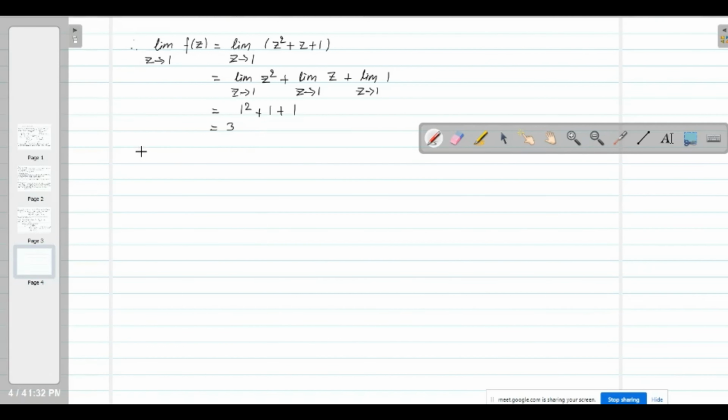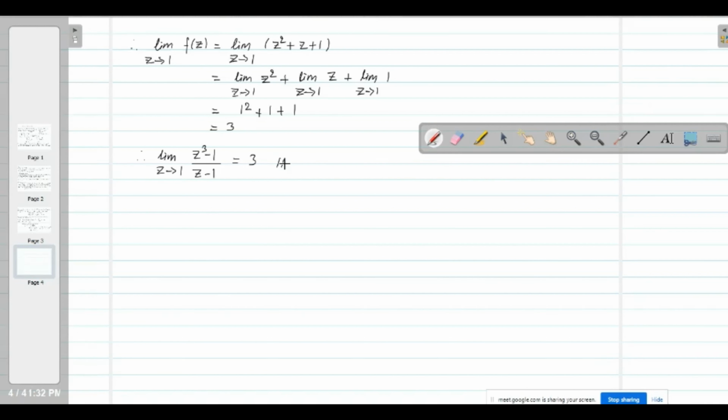This gives 3 as the limit of the given function. Therefore the limit as z tends to 1 of (z cubed minus 1) divided by (z minus 1) equals 3. Here 3 is the limit of this function. I hope you understood this problem.